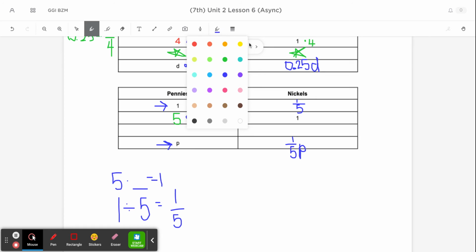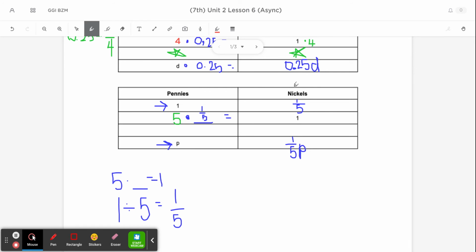So we've got two constants of proportionality. If we were moving from nickels to pennies, we would multiply nickels times 5, right? We would have a different constant of proportionality. Nickels times 5 gets us pennies. And so we have two constants of proportionality, 1/5 and of course 5.